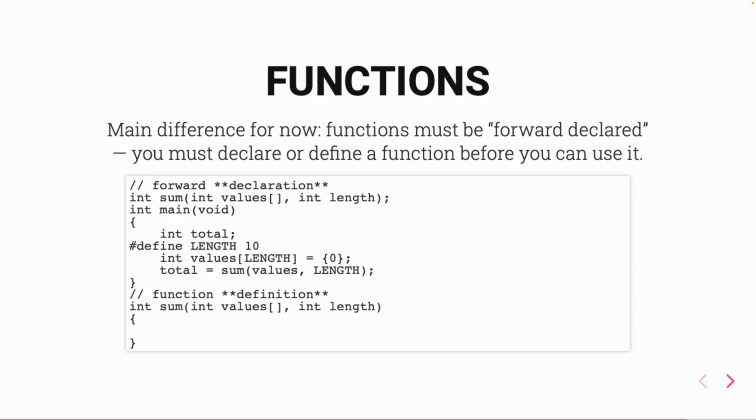But there's a silly difference that is actually a holdover from memory limitations in the olden days of the first C compilers. They need to be forward declared, which means that a declaration or definition of a function must be in the code before you call that function.